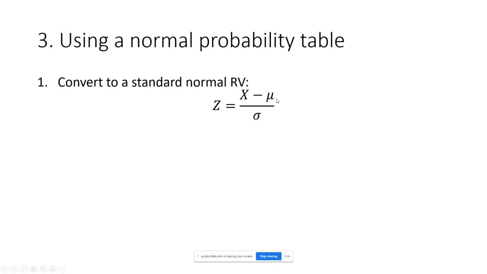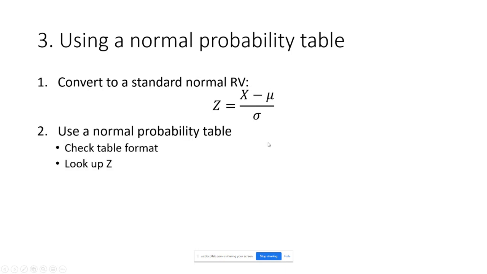You do this by subtracting the mean and then dividing by the standard deviation. This will shift and stretch or squish the normal distribution so that it's centered at 0 and has a standard deviation of 1. So it's a standard normal random variable, and z is usually used to represent it.